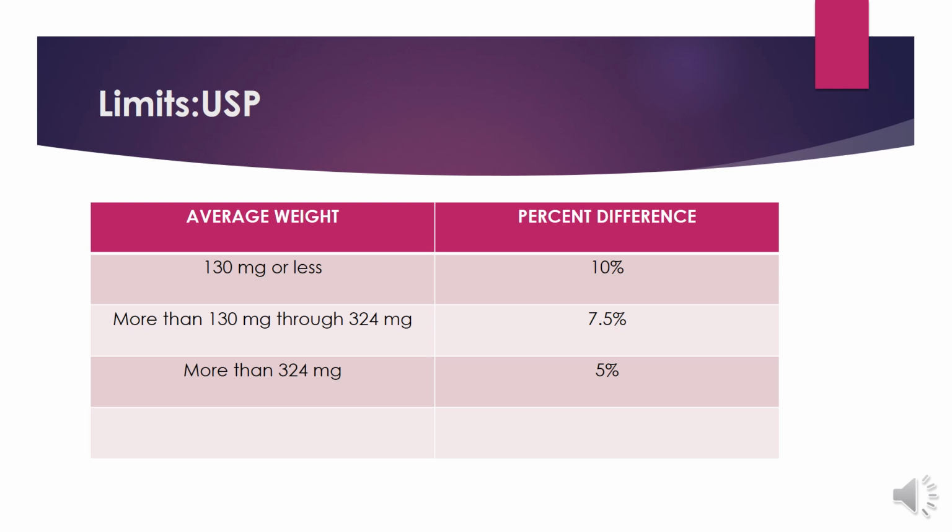So for 130 or less, whatever the result is, you have to calculate the 10%, and then add and subtract to make an upper and lower control limit, and then your 20 tablets tested are compared within that limit, and among them 18 must be within this range, plus minus 10%.